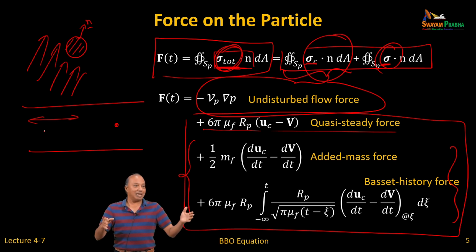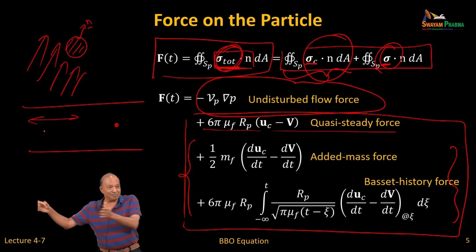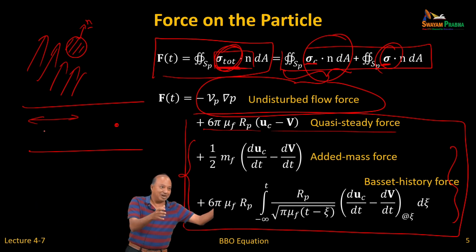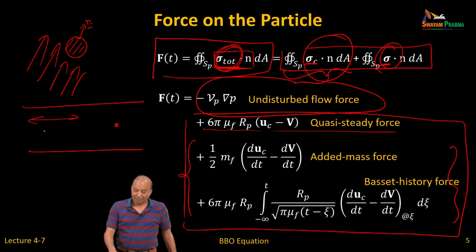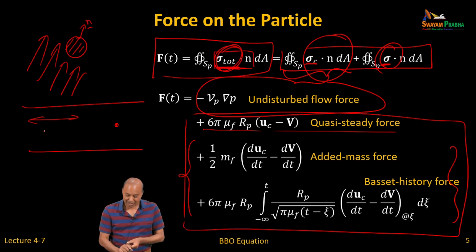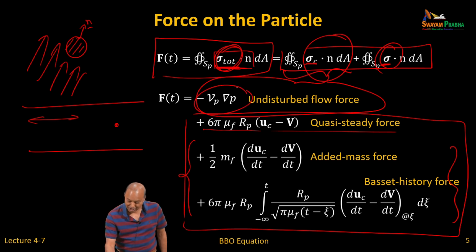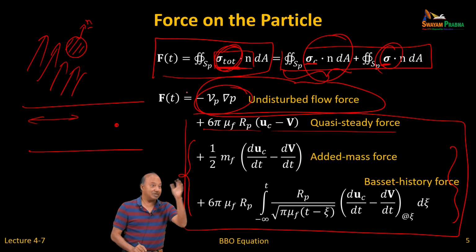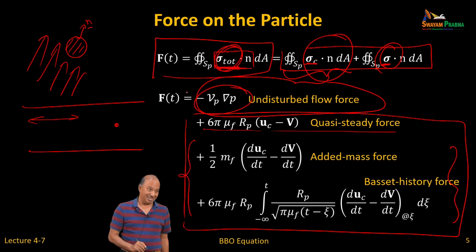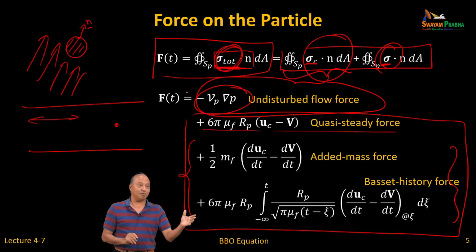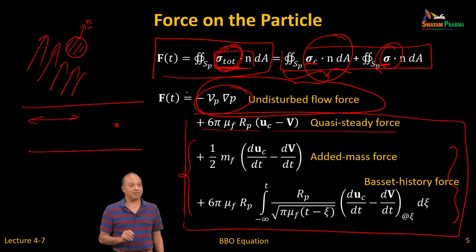You will have to apply a pressure gradient. You send the flow this way, then the pressure gradient will go back this way. That pressure gradient will create a force. The pressure gradient was necessary to make the flow unsteady. But what I am trying to say is, the undisturbed flow, just the fact that it is time varying, there will be a force on this thing. It's sort of like a buoyancy force.